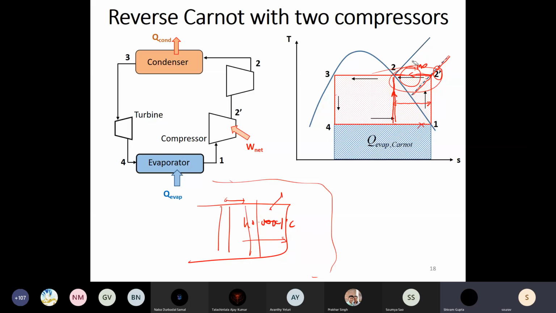Okay, so this is what is shown in the schematic. So 1 to 2 prime is your isentropic compressor, but 2 prime to 2 is the isothermal compressor, which is the extremely slow compressor. So one compressor is very fast, the other compressor is extremely slow. You will not be able to match the mass flow rates also.